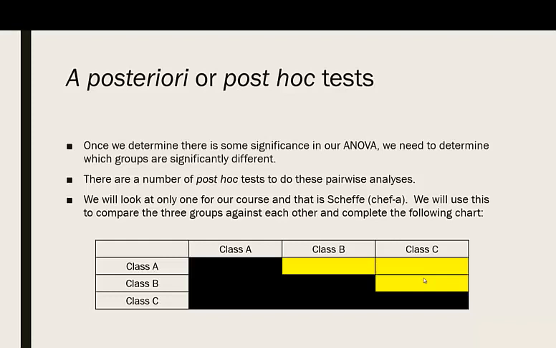There are a number of post hoc tests that do these pairwise analyses, and we're comparing each pair to the others. We're only going to look at one post hoc test, and that is called the Scheffé test. And you can see at the chart below that we're going to compare A to B, A to C, and B to C. Those are the only comparisons we need.